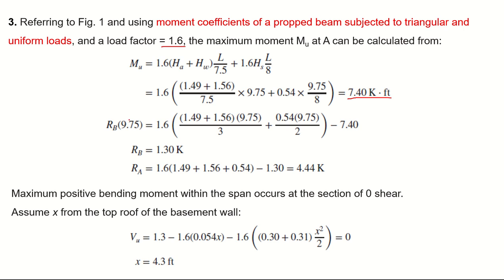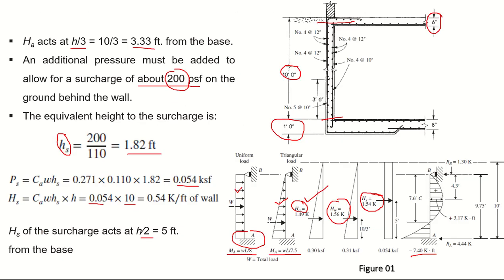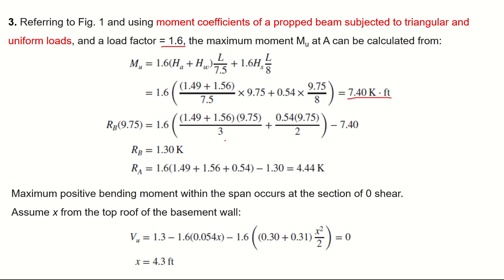Now at point B, RB at 9.75, which is right here, see, at the middle of this slab, we put the same values and we have to find the value of RB because we don't know the reactions as of now.